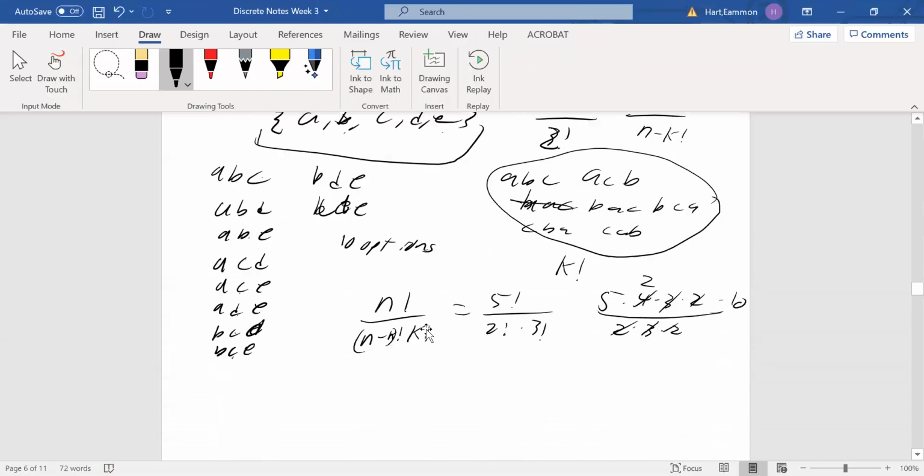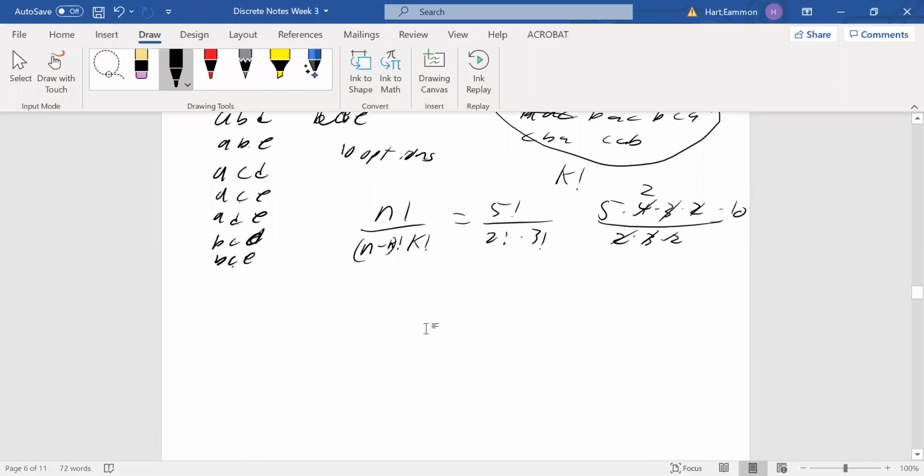And essentially the explanation that I just gave you can be changed into a general proof.